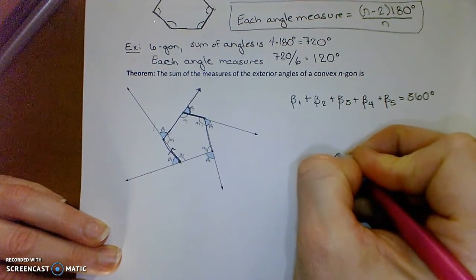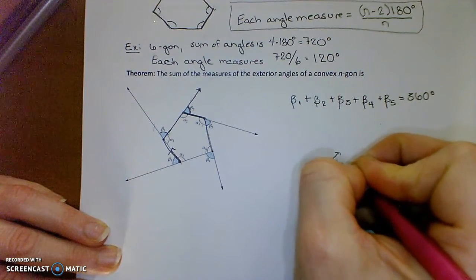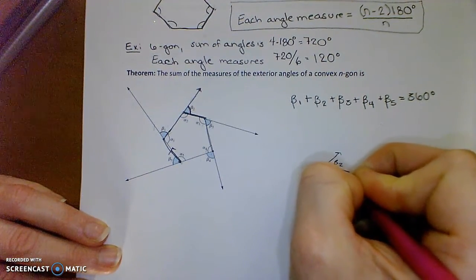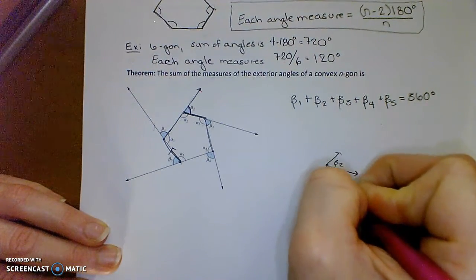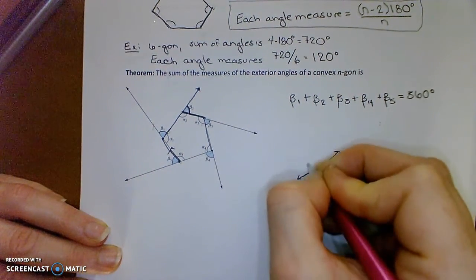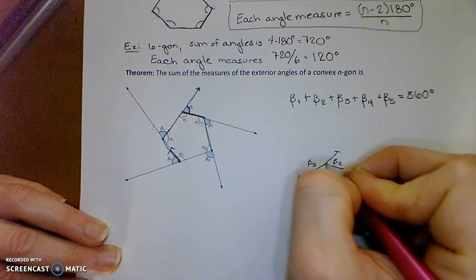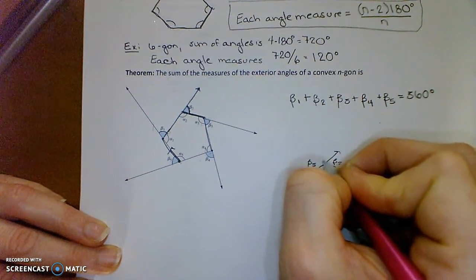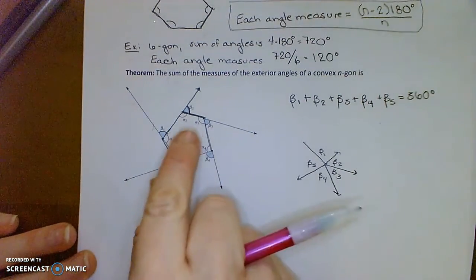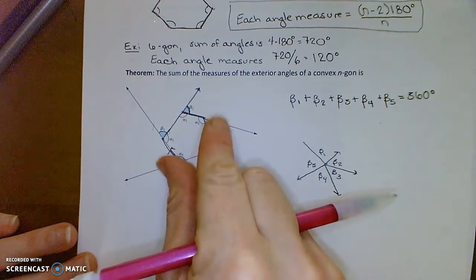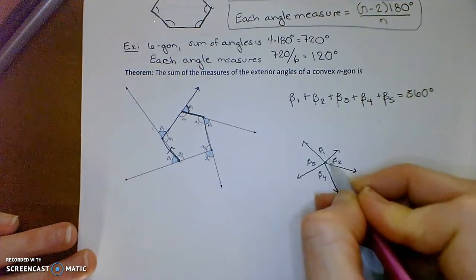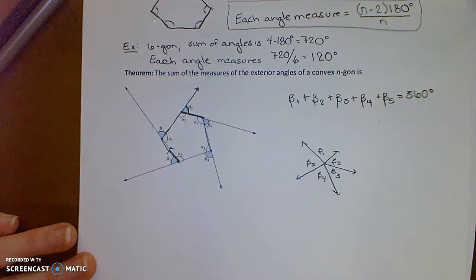You have angle beta 2 here coming out this direction. Here's angle beta 3, beta 4, beta 5, and here's again beta 1. So imagine, again, you took this polygon and you shrunk it without changing any of those angle measures. You'll end up with a 360-degree turn.